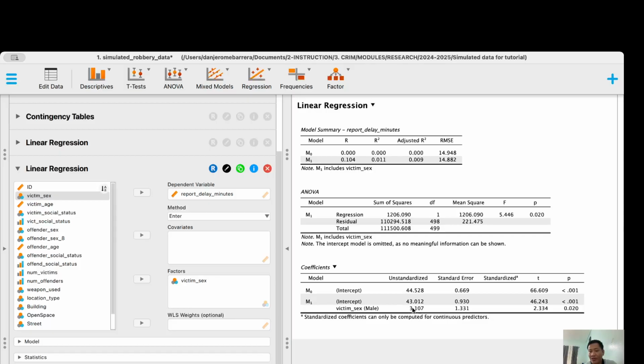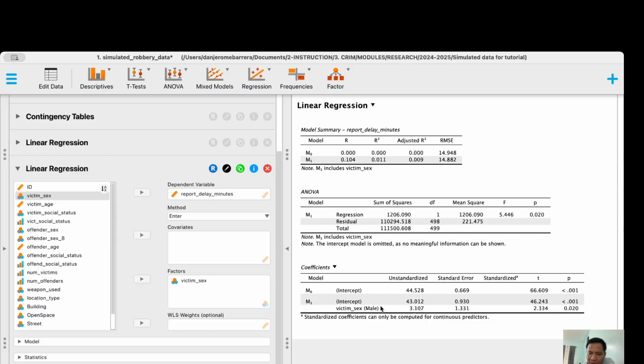That is positive, which means there's a positive relationship between victim's sex and reporting delays. The reference here is male.